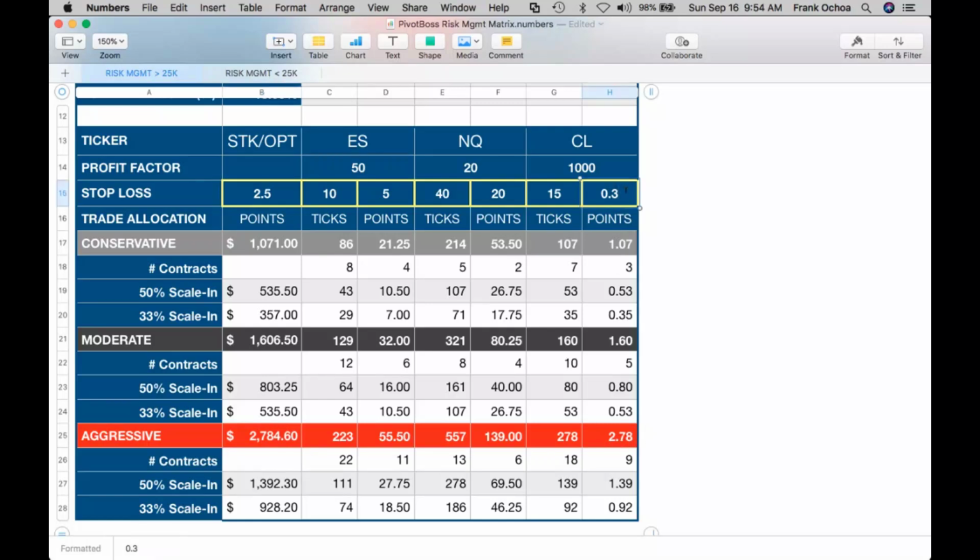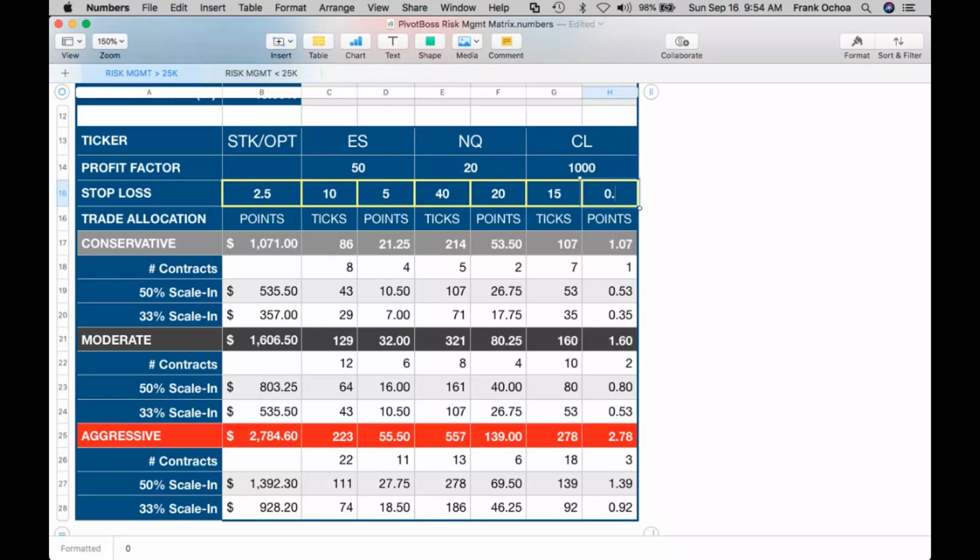What if you really thought that this was going to be a swing trade and you wanted to risk, say, 75 ticks? Then you can trade three contracts, and if you lose three contracts at 75 ticks, then that's going to risk up to and no more than $2,785. So again, you can use this to help you quickly calculate how many contracts you can trade, what your stop is.